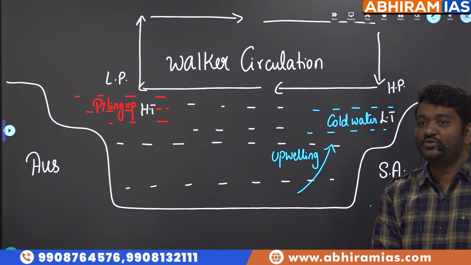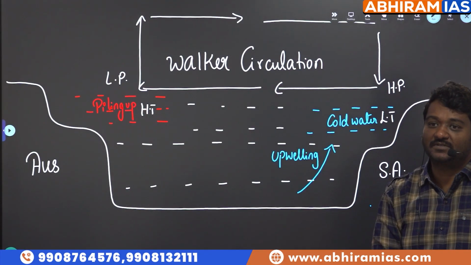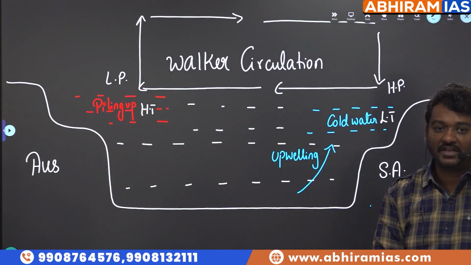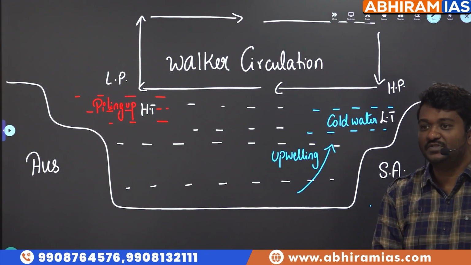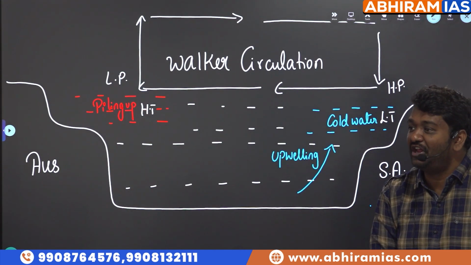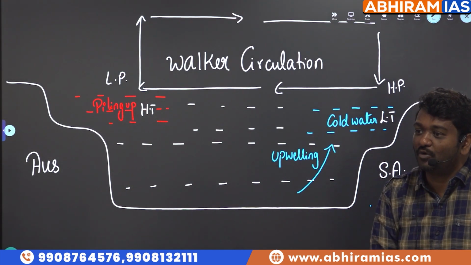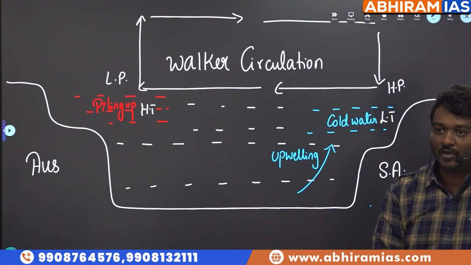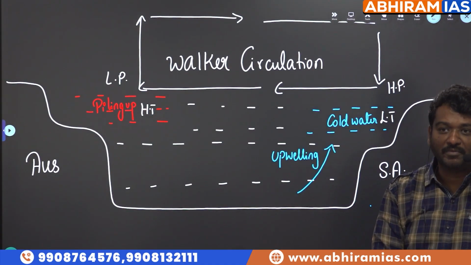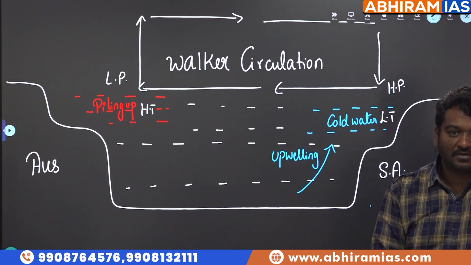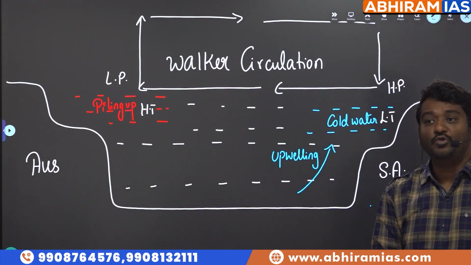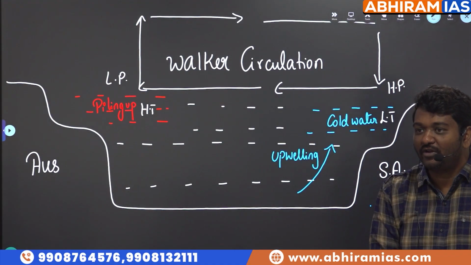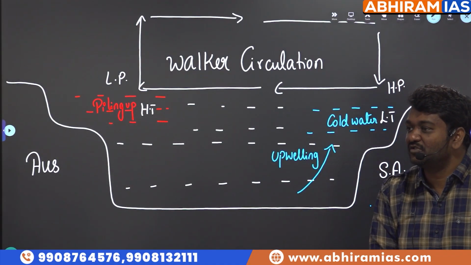But when it comes to options given in exams, CAPF exam, TGPSC, APPSC, everywhere, they say shifting of counter equatorial current. So I just want you to remember, in the Pacific Ocean, counter equatorial current. Do you recollect counter equatorial current which flows from where to where?